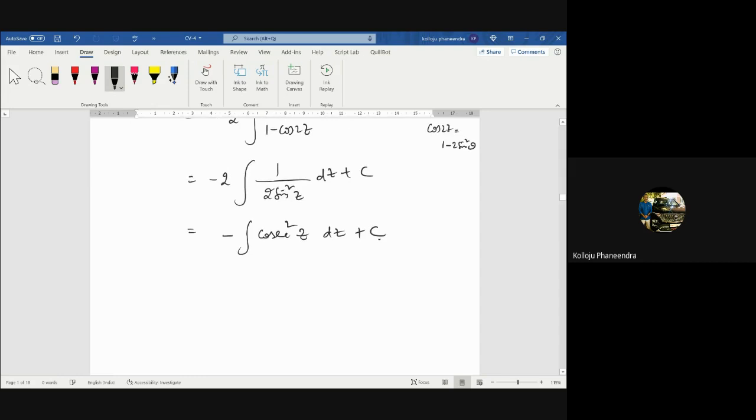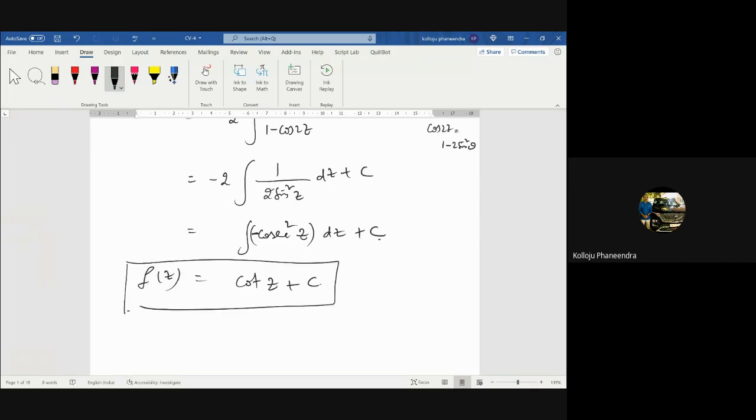Including minus, let us take minus inside because there is a direct formula: minus cosec square z dz, that is cot z plus c. This is f(z). You can take the constant in terms of imaginary also, that is i c. Doesn't matter, anyway it is a constant.